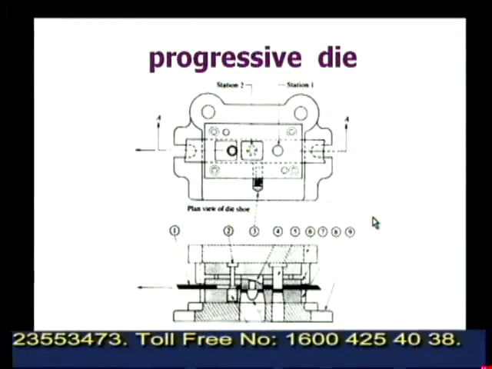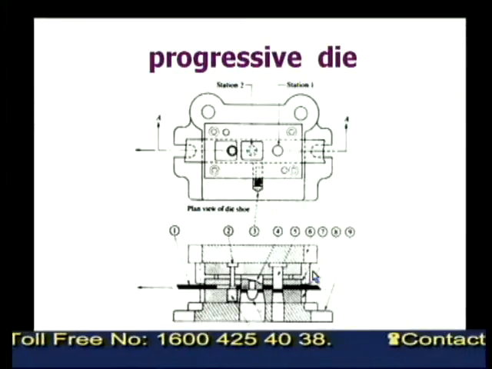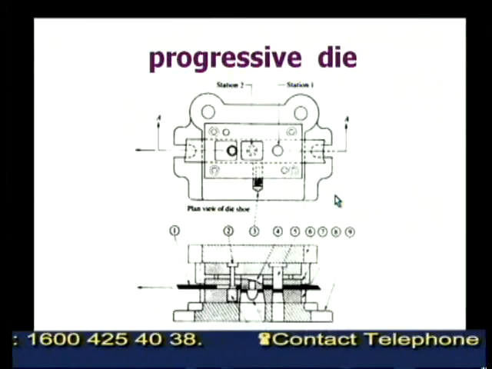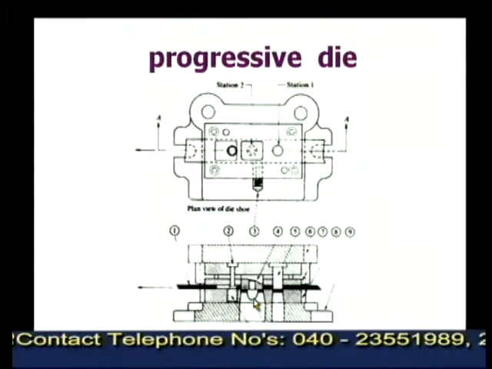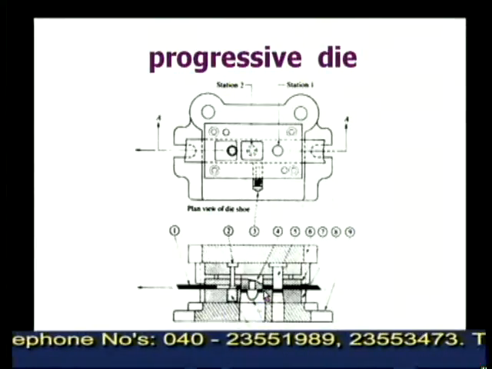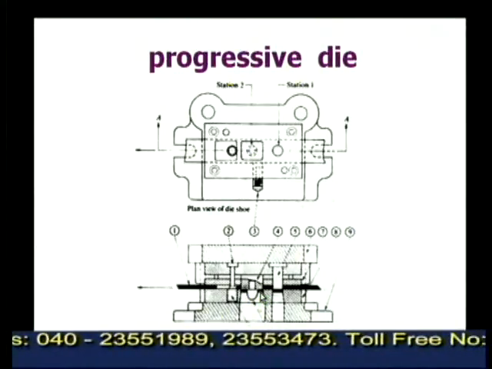Now this is another diagram of a progressive die. So it can be observed here. This is the guide pin which locates the piece being cut.